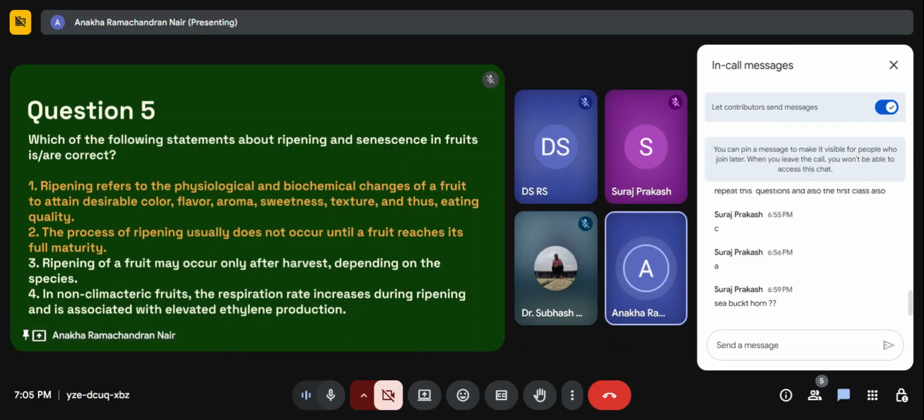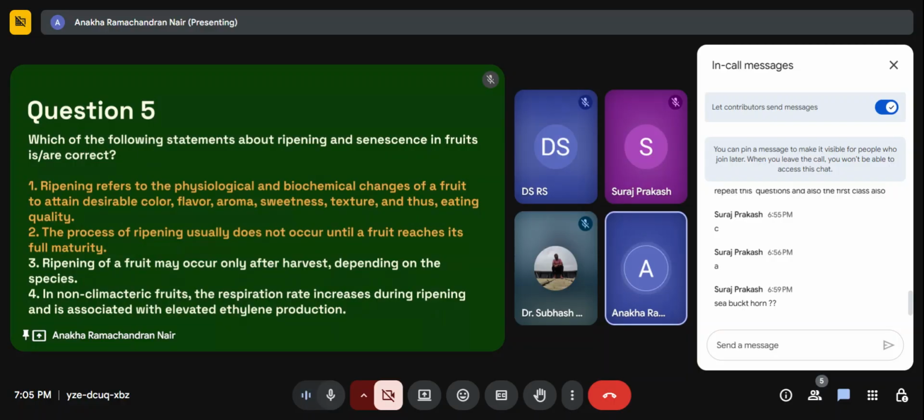Option 2 is also correct. The process of ripening usually does not occur until a fruit has reached its full maturity. Until and unless a fruit has reached its full size potential and its full biochemical and physiological changes, it does not begin the process of ripening, right?